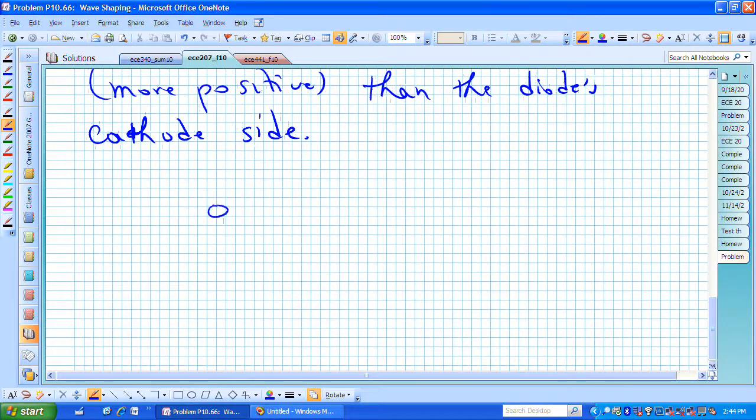A picture of that is simply that if we have, here is our conventional diode, here's the cathode end, here's the anode end. We really want the anode end to be more positive than the cathode end.